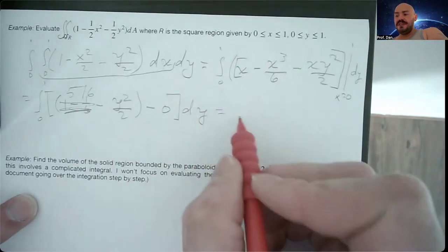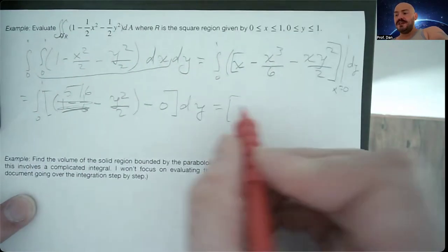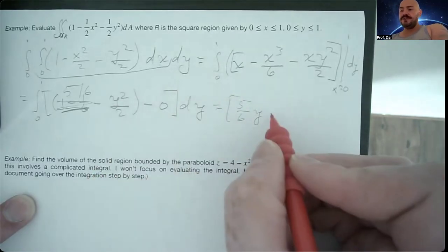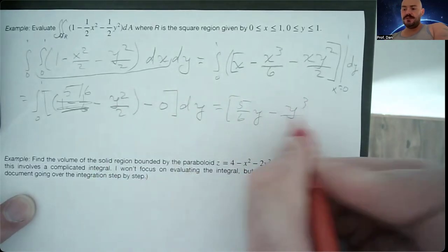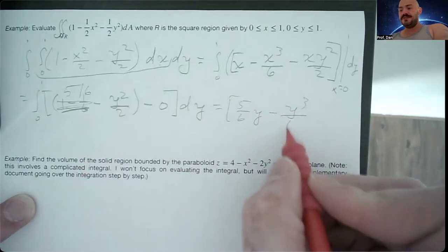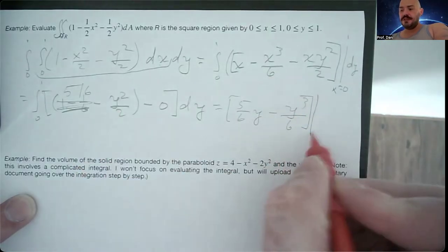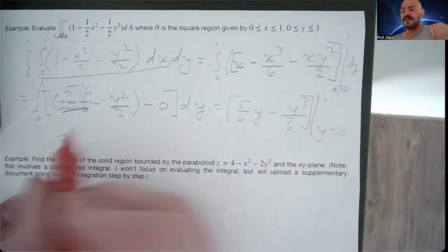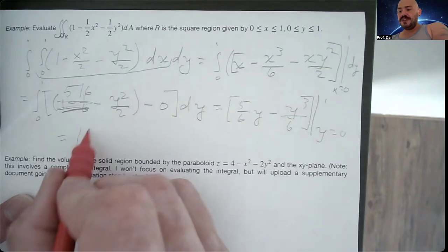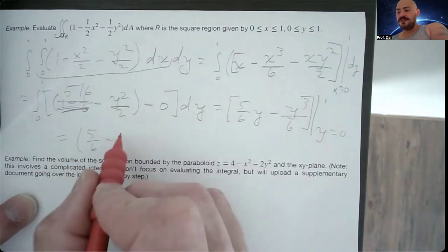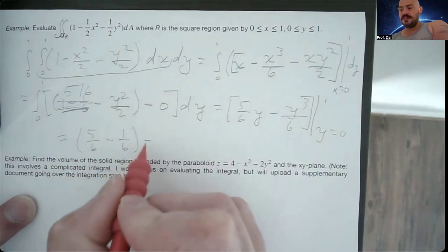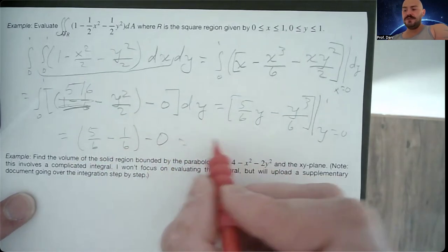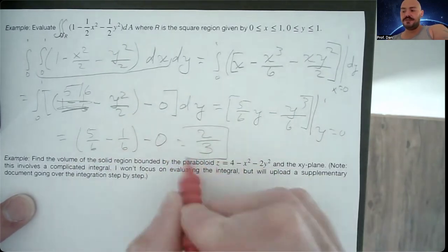If I take the antiderivative with respect to y, that will become 5/6 y. Y squared over 2 will become y cubed over 2 times 3, also known as 6. We're going to evaluate from y equals 0 to y equals 1. So when y is 1, we get 5/6 minus 1/6. And when y is 0, we get 0. So altogether, that's 4 over 6, also known as 2/3.